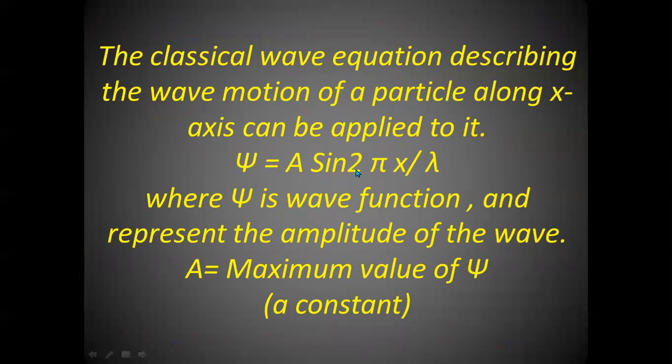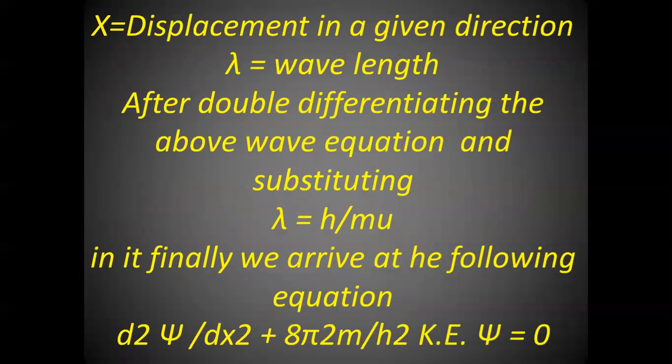A is the amplitude here. Psi is a wave function. Actually psi has no significance, but psi square will have its own significance. When we solve the function for particular values, we get eigenfunctions and eigenvalues.